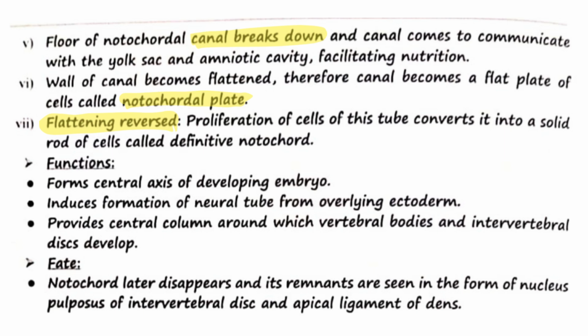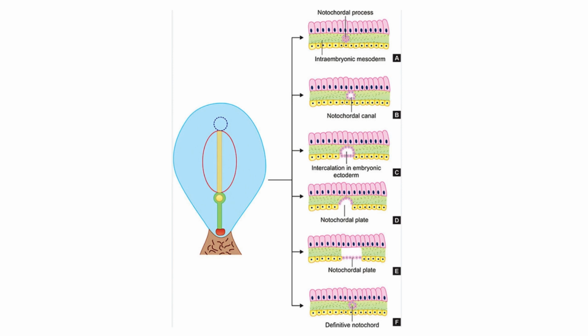Then the flattening is reversed, that is, proliferation of cells of this tube converts it into a solid rod of cells called the definitive notochord. Then we have to draw this diagram showing the notochordal process, then the notochordal canal, the notochordal plate, then the definitive notochord.